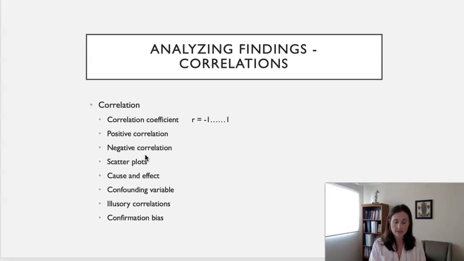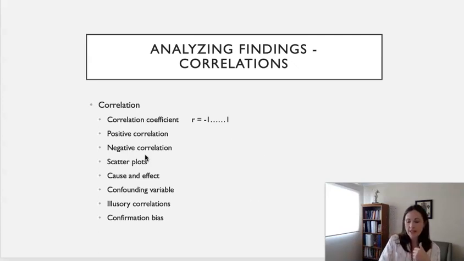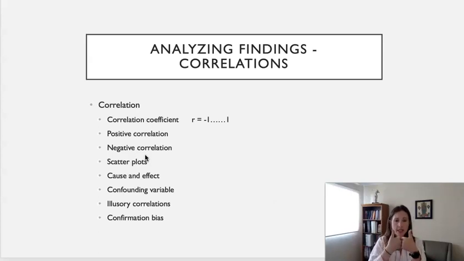If it's a positive correlation, it means that if one variable goes up, the other variable goes up. They move together. If it is a negative correlation, what that means is that if one variable goes up, the other goes down. They move in opposite directions. So positive correlation, they move together. Negative correlation, they move in opposite directions.